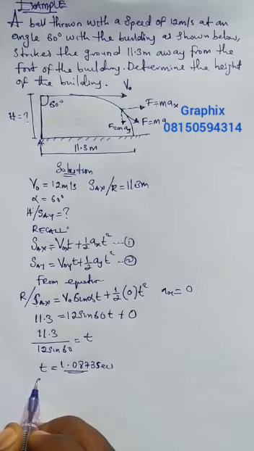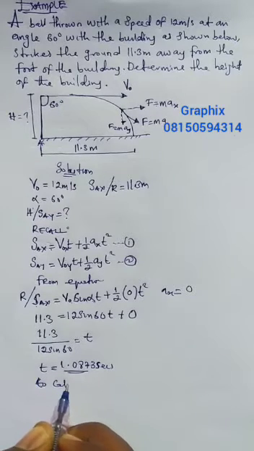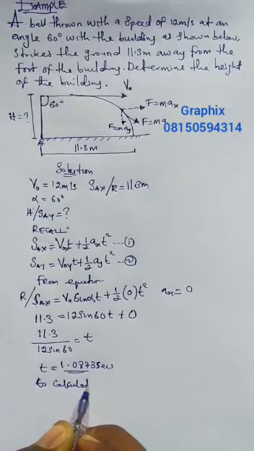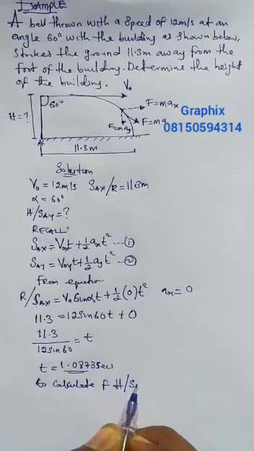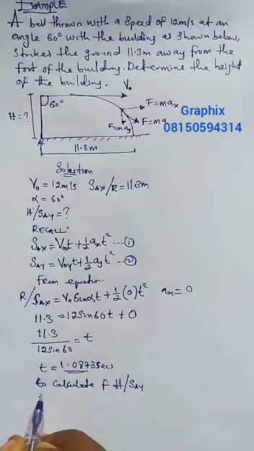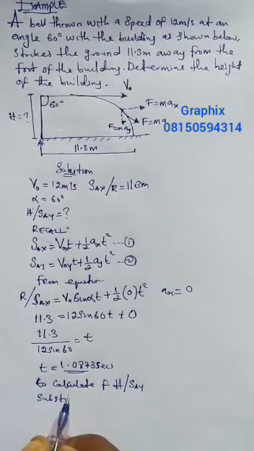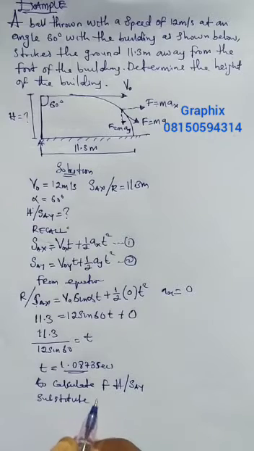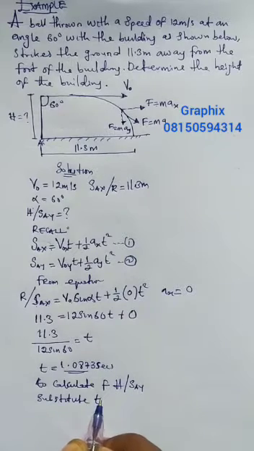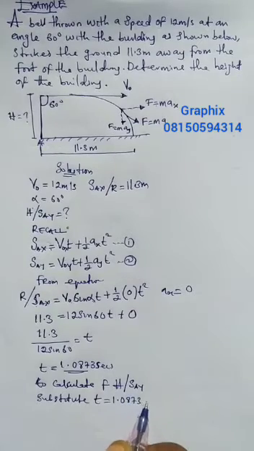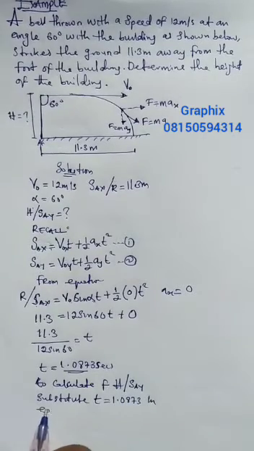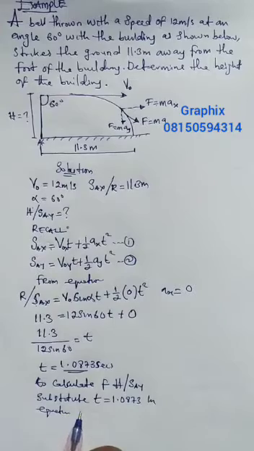Now to calculate the height H, or S_AY, substitute T equals 1.0873 in equation 2.